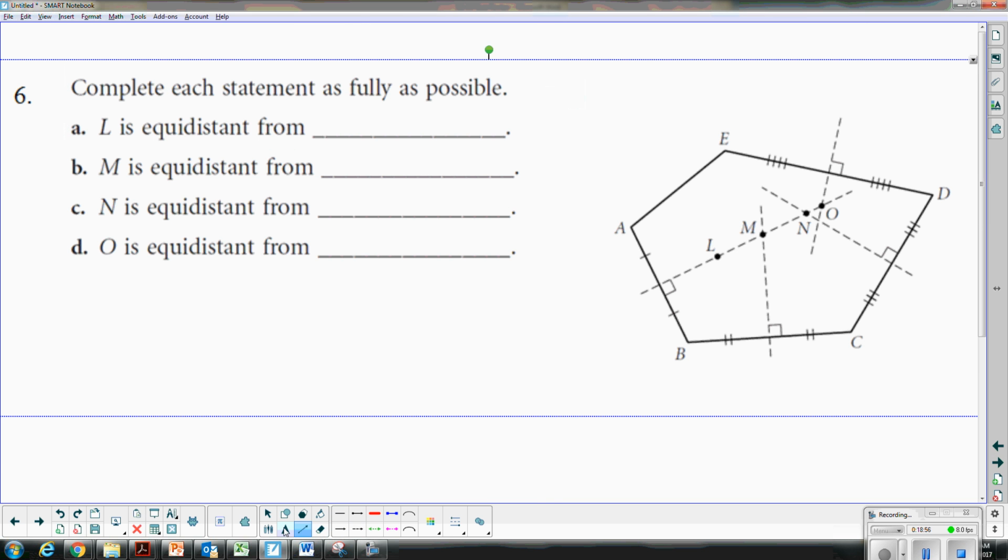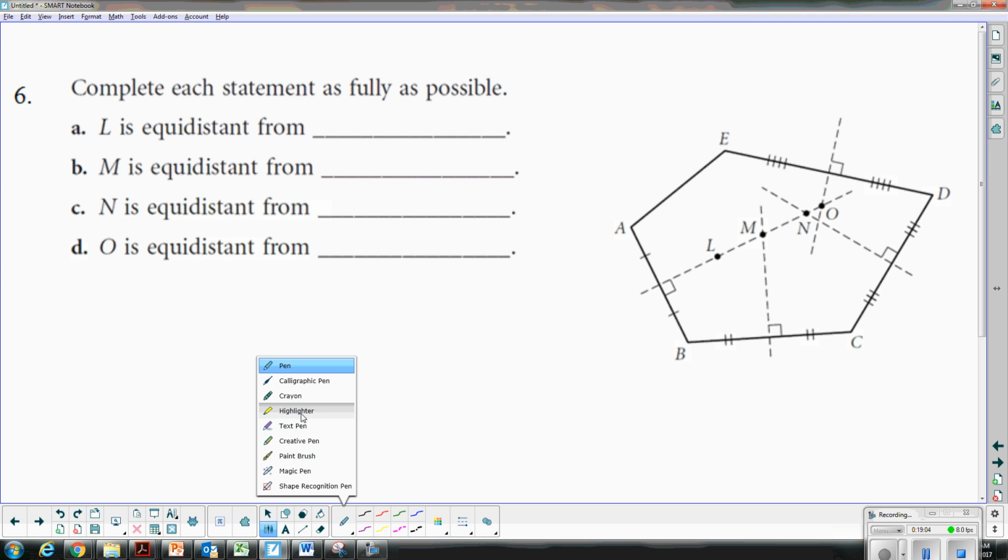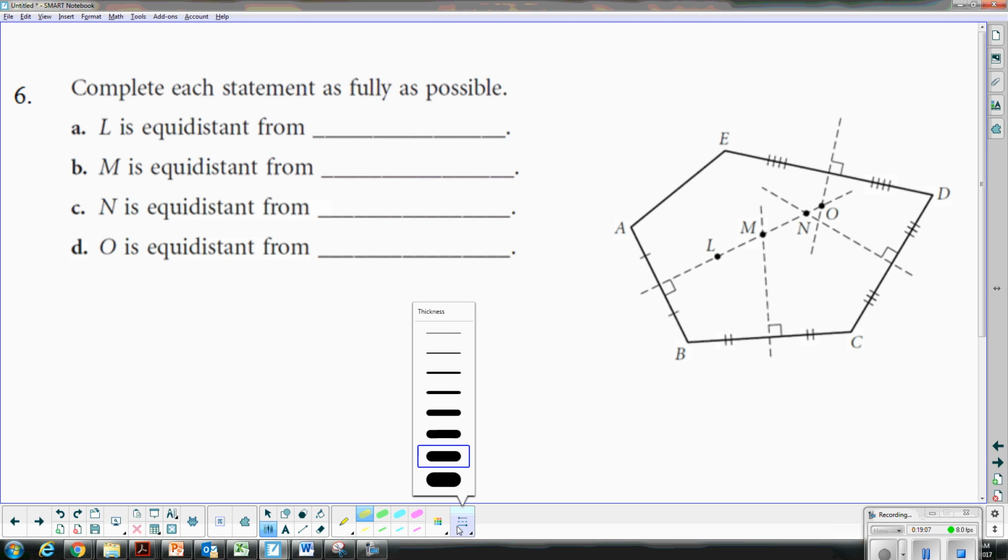Okay, and then the last one, it says complete each statement as fully as possible. Use my highlighter for this one so that you can see. Okay, so L, this point is on a perpendicular bisector.